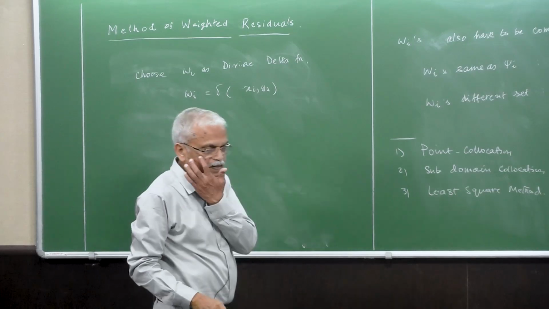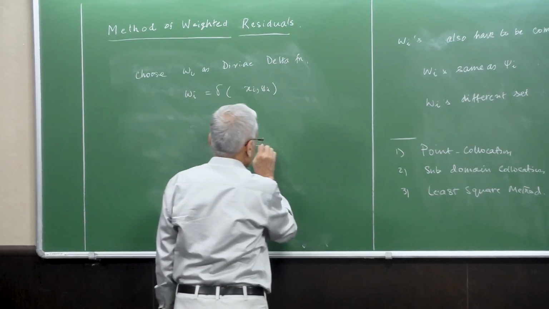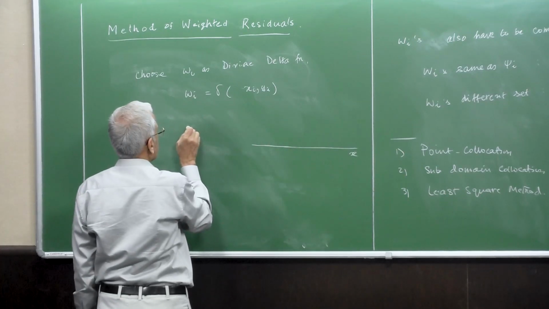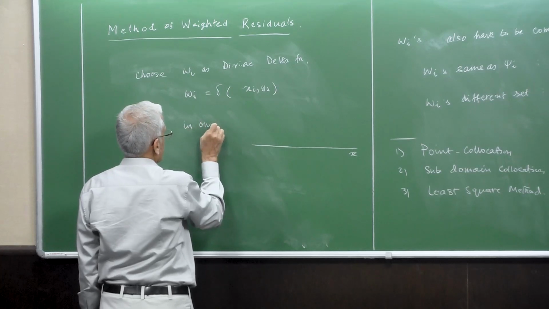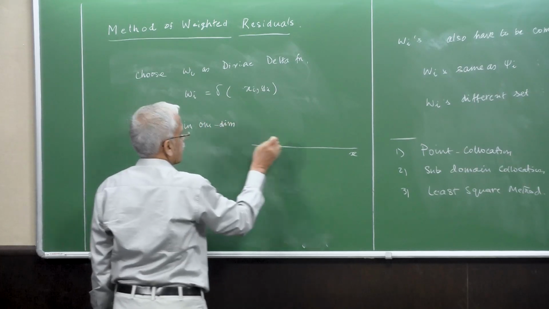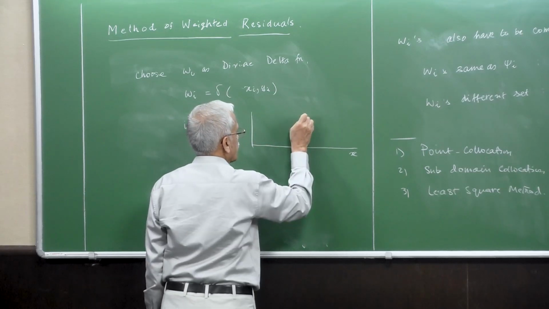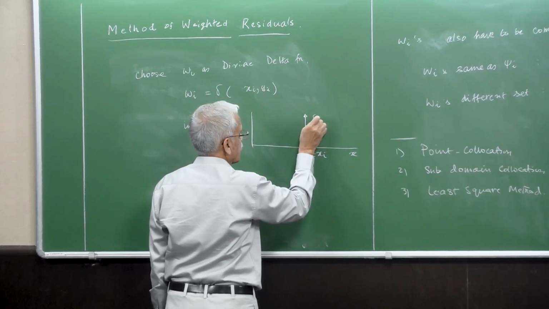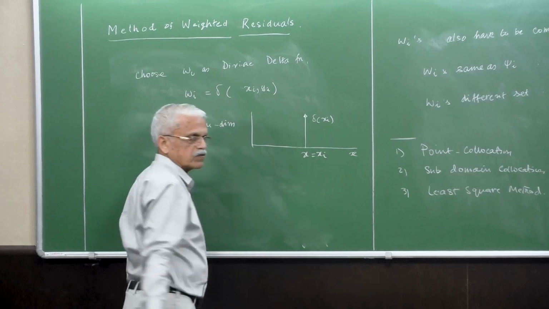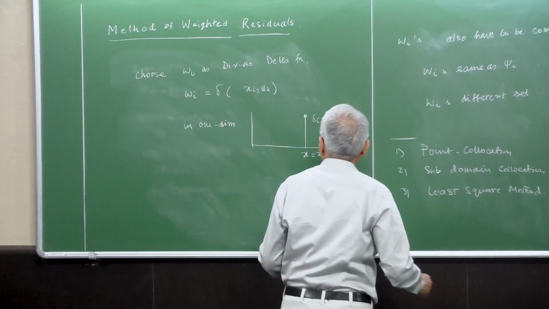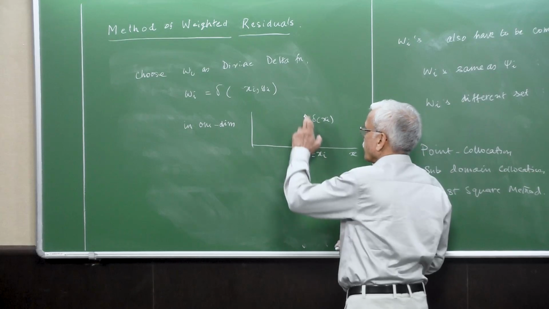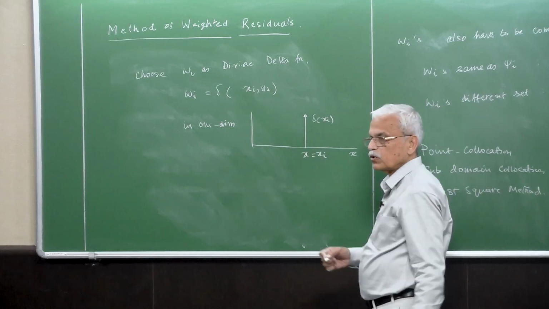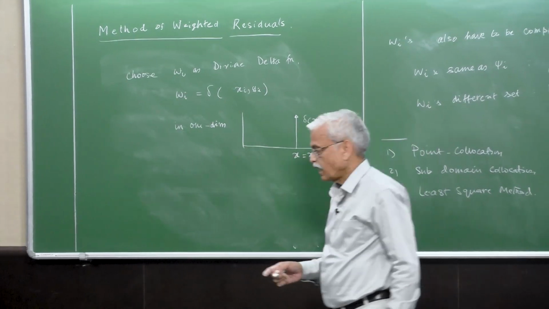Let's say in one dimension, the function is a point function like this, where at x equal to xi, it shoots to an infinite value.